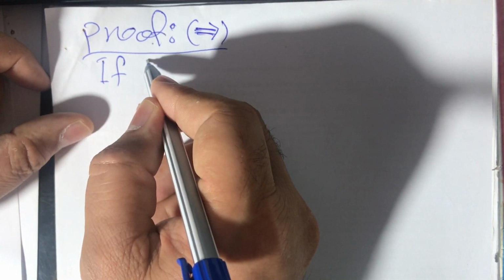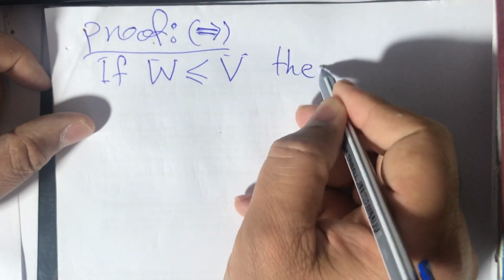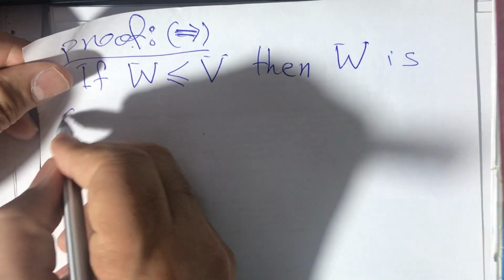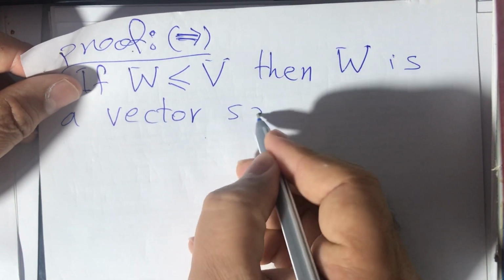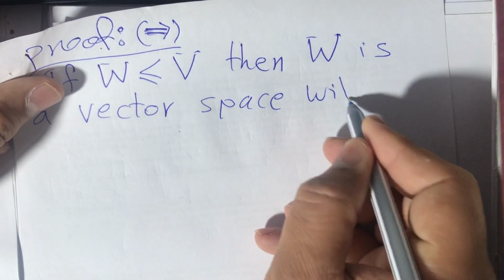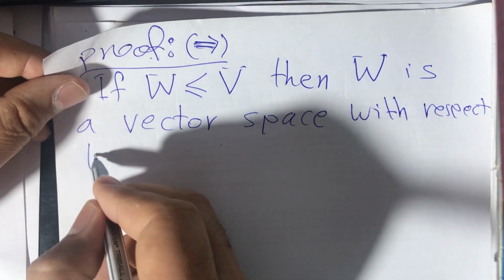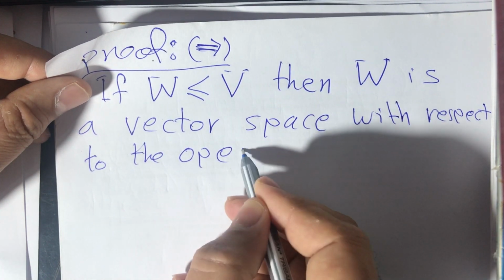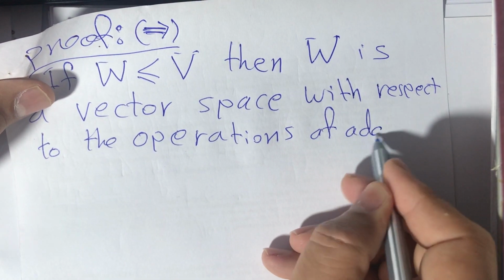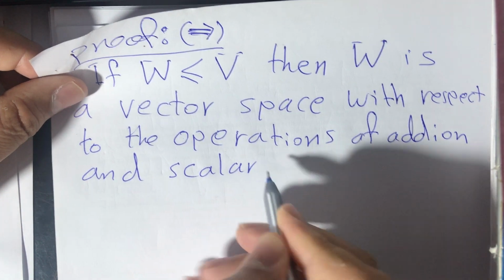If W is a subspace of V, then W is a vector space with respect to the operations of addition and scalar multiplication.